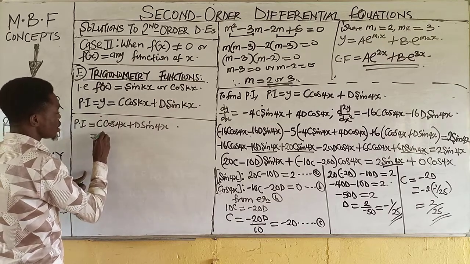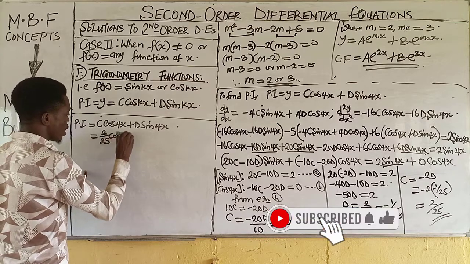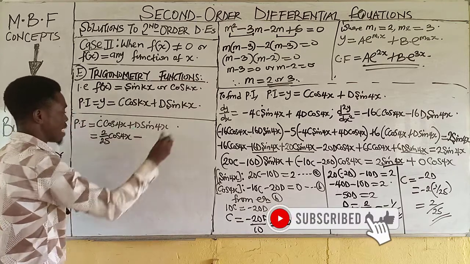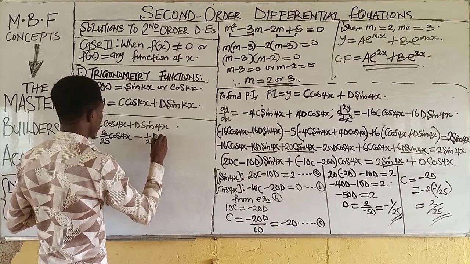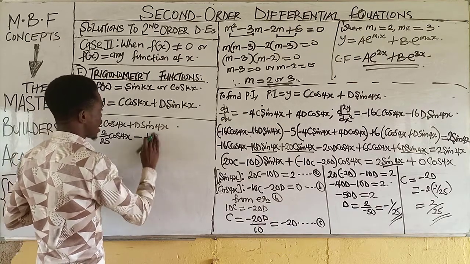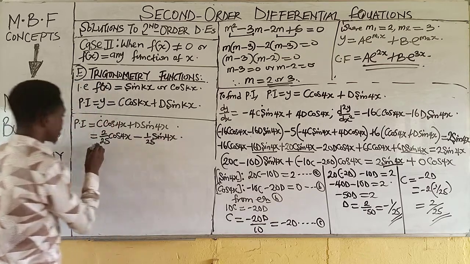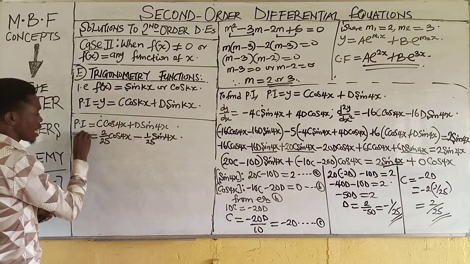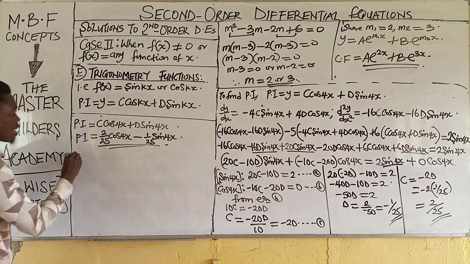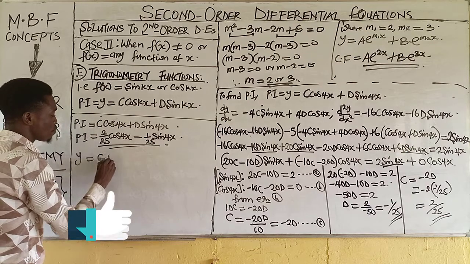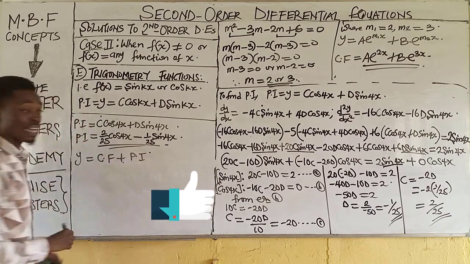And c is 2 over 25 cos 4x, and d is minus 1 over 25 sine 4x. This is the particular integral we just obtained. So the final solution would be complementary function plus particular integral, which we define as our equation 1 as usual.